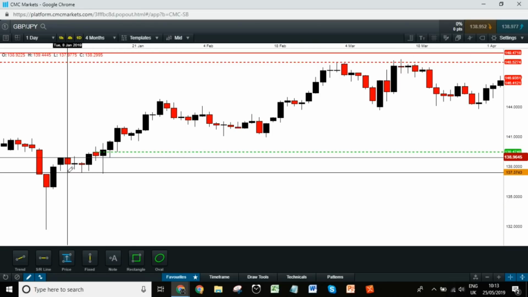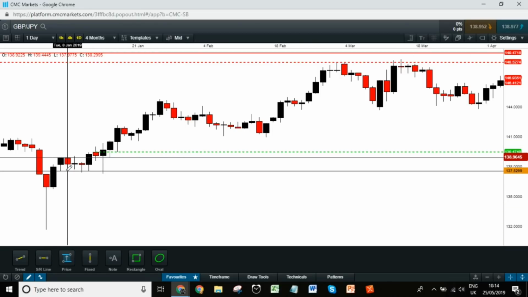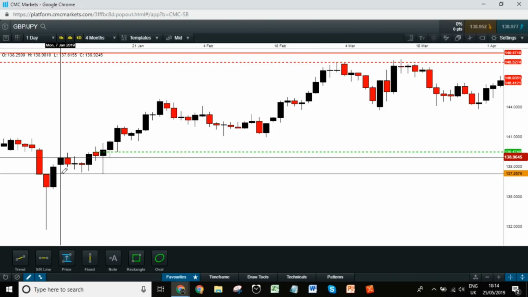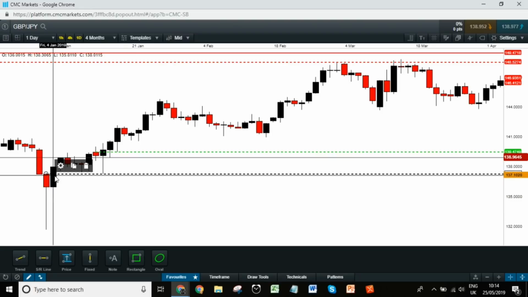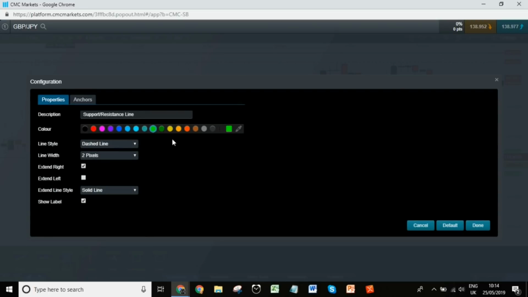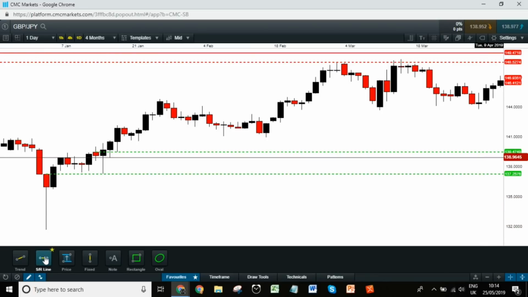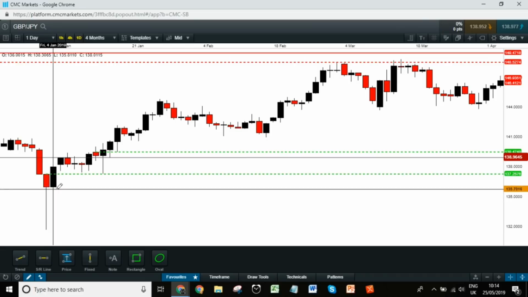And I'm also interested in this. Should I break that up? Nah, it's not. Let's call that a zone on top of a zone. I'm interested in this level here. And this is my stop.